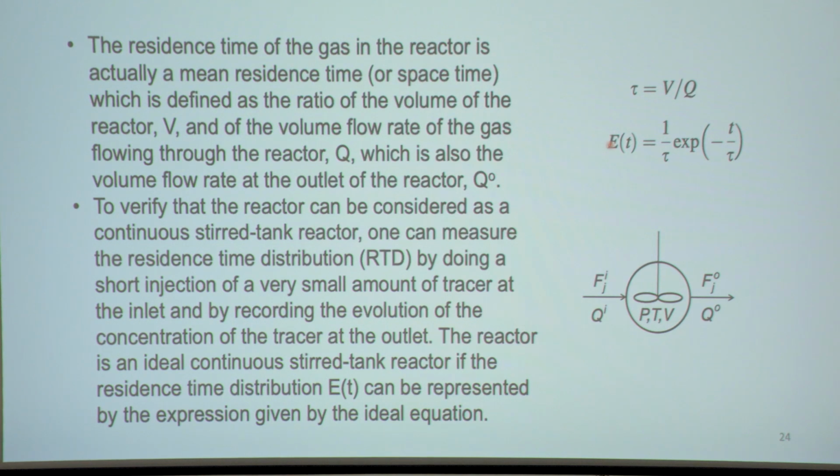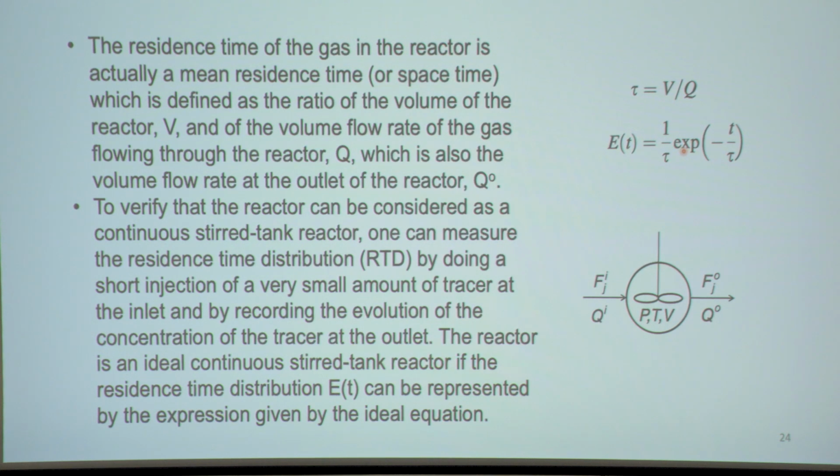If E of t, the concentration or signal measurement of your tracer, follows the form 1 over tau exponential of minus t over tau, then it can be represented as an ideal reactor, okay? This is the ideal equation for a perfectly mixed system.